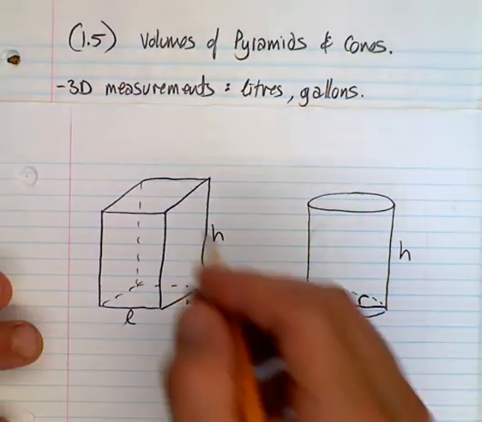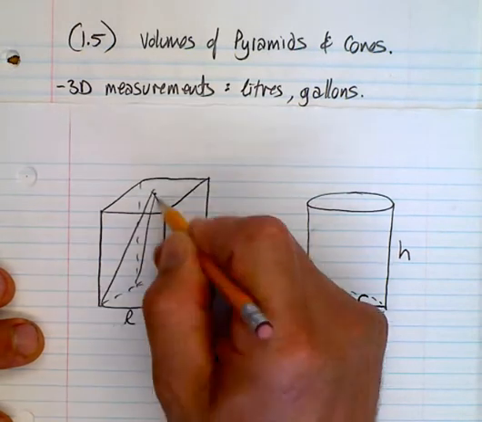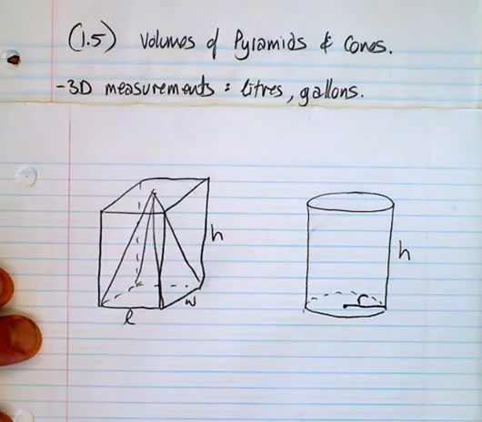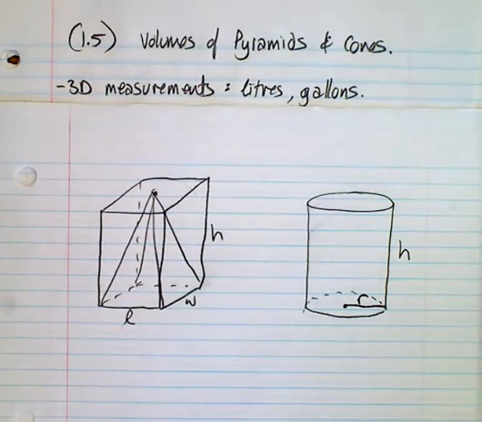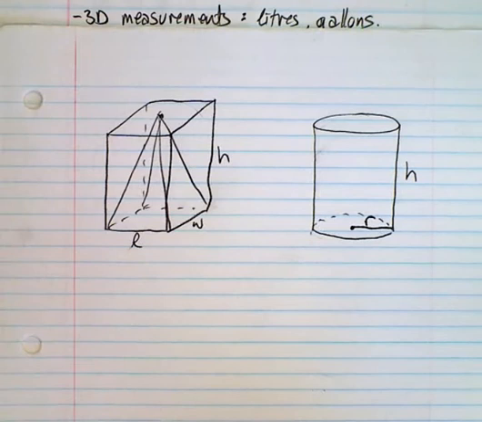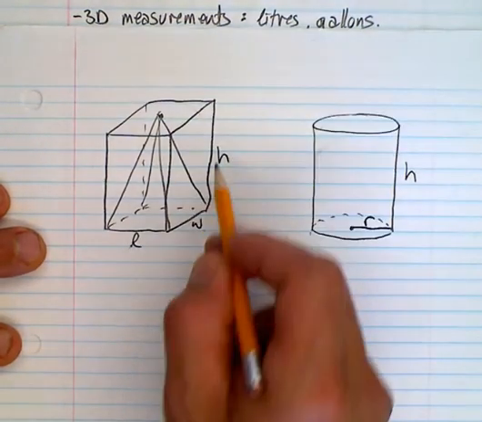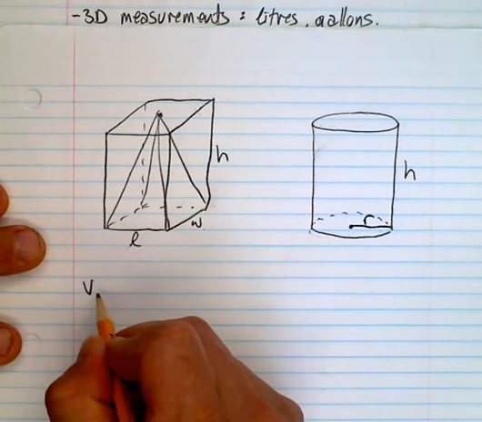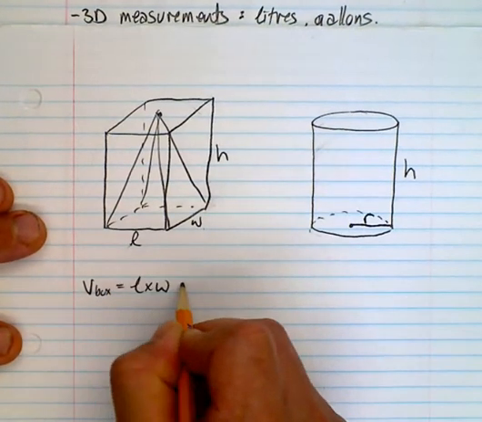I'm going to put a center up top here, and we're going to draw a pyramid. Now you can see that this pyramid has some of the same dimensions as that rectangular prism. So the volume of a box is length times width times height.